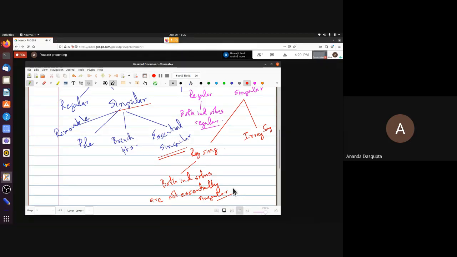But what we are insisting on is that both be free of essential singularities. If that is the case, you say the point is regular singular. And irregular singular means at least one solution, or both, but at least one is essentially singular.